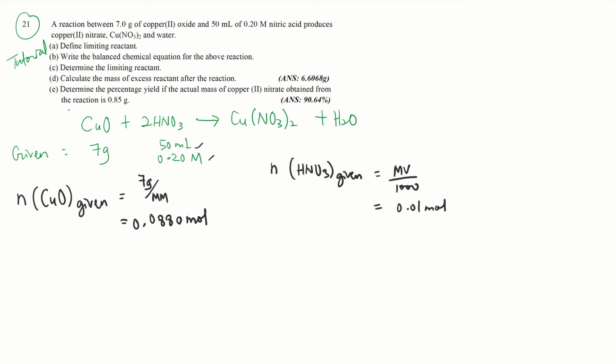If the chemical equation were 1 mole to 1 mole, then we could directly determine. But now it's 1 mole reacting with 2 moles of the other reactant, so we are comparing reactants. Previously we applied the TQC method from the equation. From the equation, we know that 1 mole of copper(II) oxide reacts with 2 moles of nitric acid.